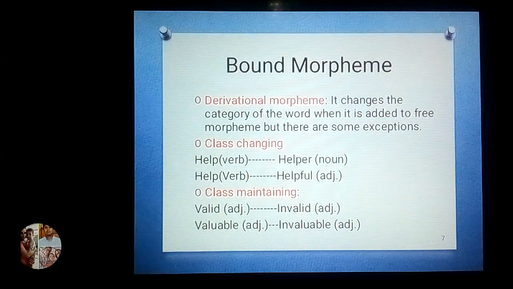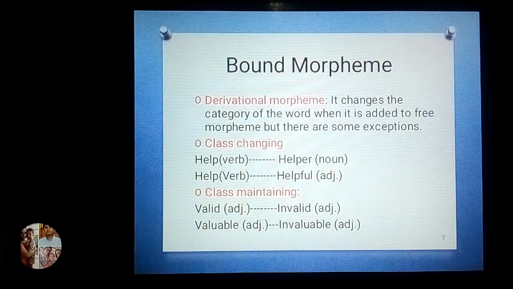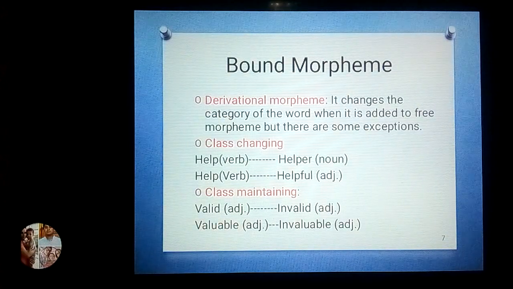Derivational morpheme. It changes the category of the word when it is added to a free morpheme, but there are some exceptions. We know derivational morpheme is divided into two types: class changing morpheme and class maintaining morpheme.